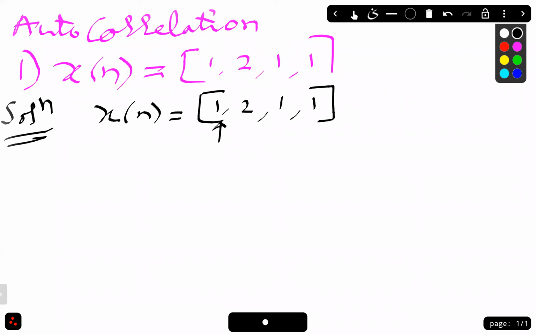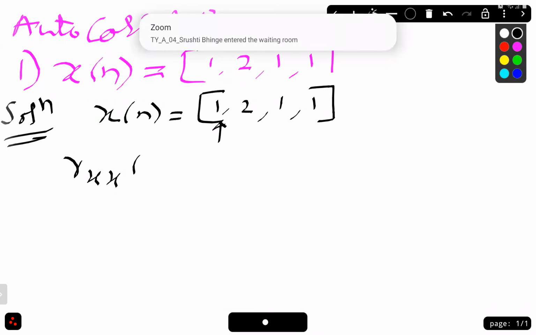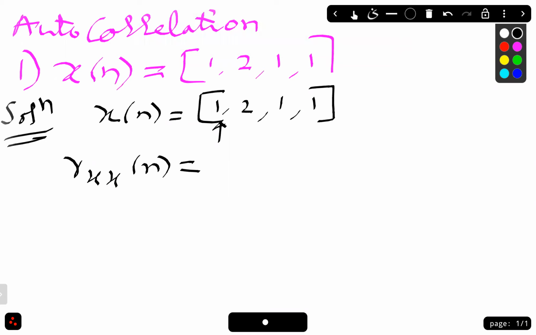Now, what will be the formula for autocorrelation? Can anyone tell me? This is R xx of n, which will be equals to, what is the formula? R xx of n is equals to x of n convoluted with x of minus n.